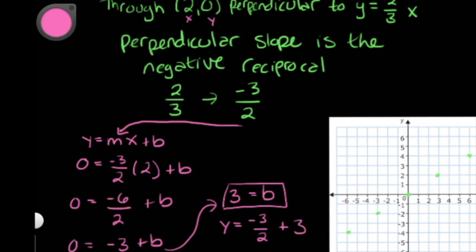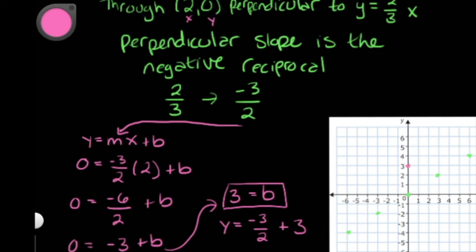That's our other line. Now the question doesn't ask you to graph it, but I'm going to graph it to show you what it looks like. We were just asked to find the equation of the line, so this is our answer here. This line starts at plus 3, so I'm going to put a dot right here at 3.